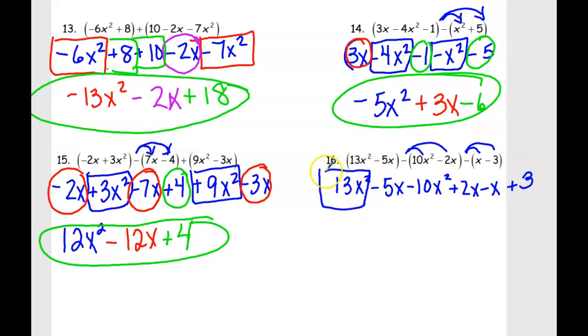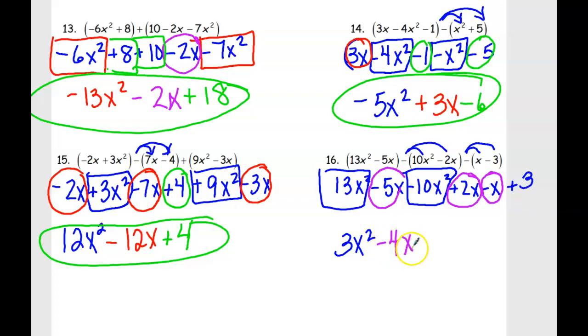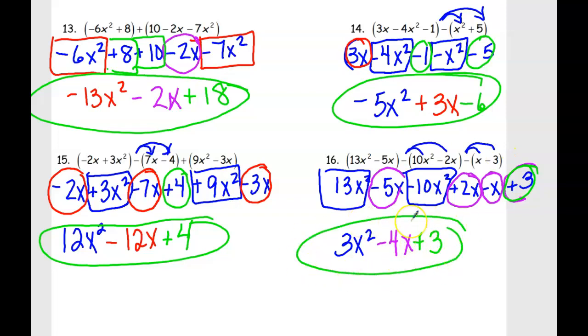I've got 13x squared minus 10x squared, and that's going to give me 3x squared. All right, I've got a negative 5x and a positive 2x, which is negative 3x. Negative 3x minus x now would give me a negative 4x. And then the only constant I have left is the positive 3. So there's our answer there.